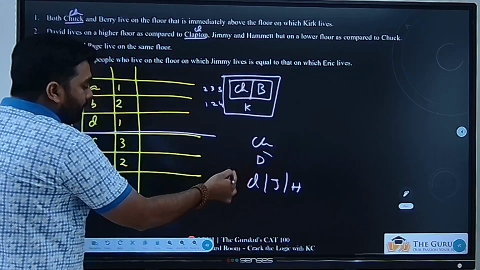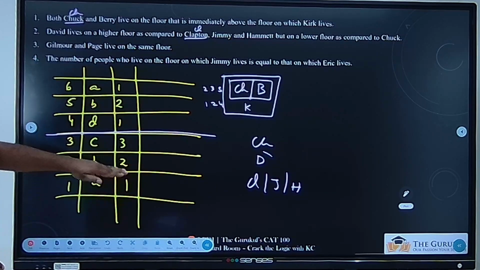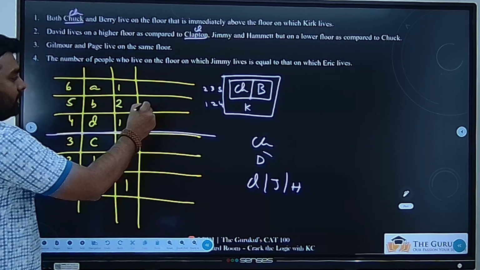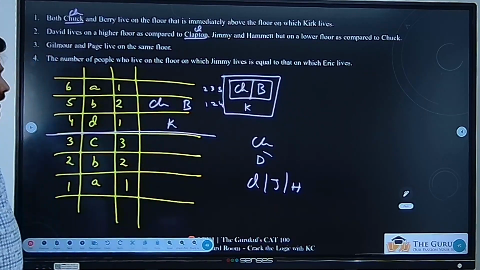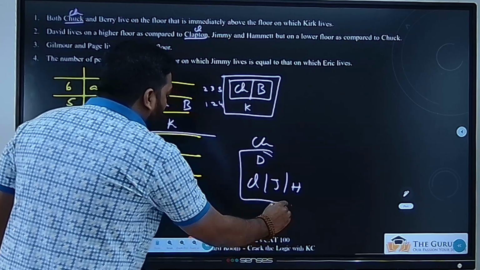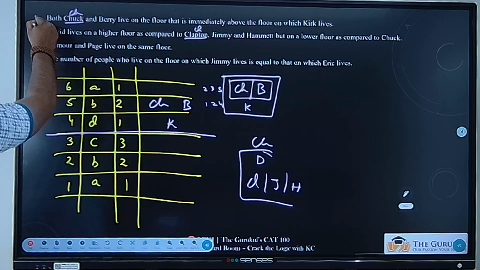Because I want to occupy 4, if I am taking till second floor only 3 people are occupied. So the fourth one will be occupied in the third floor. If it is coming above this, definitely CH, B and K should come here only. Now these 3 people should be in the bottom 3 floors. Okay, done. This is done.